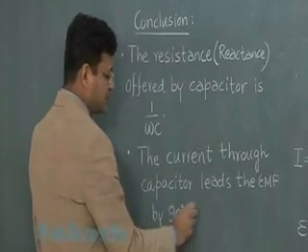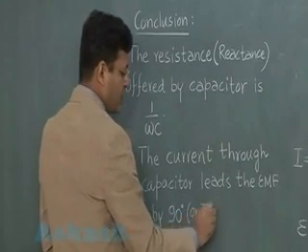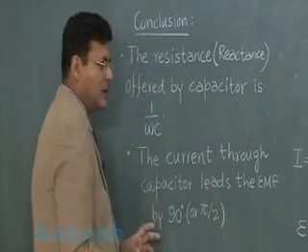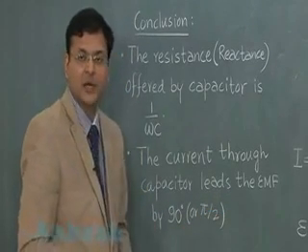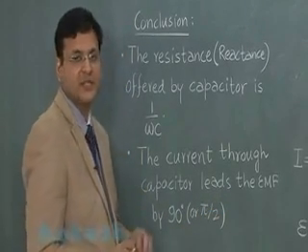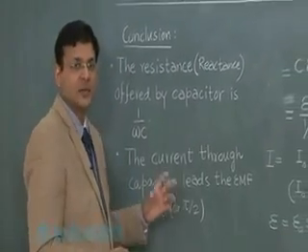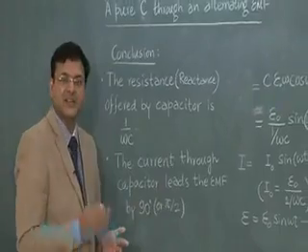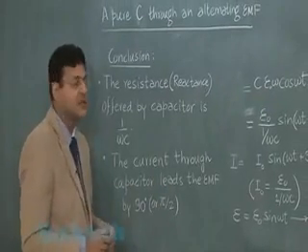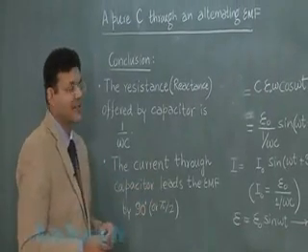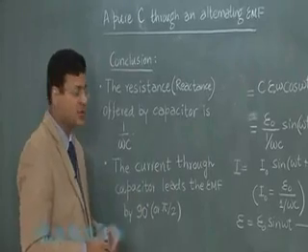Or pi by 2. In case the current is not leading by pi by 2, rather say 30 degree, 60 degree, that means the capacitor is dominant. Other elements can also be in the circuit along with the capacitor, but the capacitor will be dominant. But in case it is leading exactly by 90 degree, that means it's only the pure capacitor which is connected into the circuit. You understand?